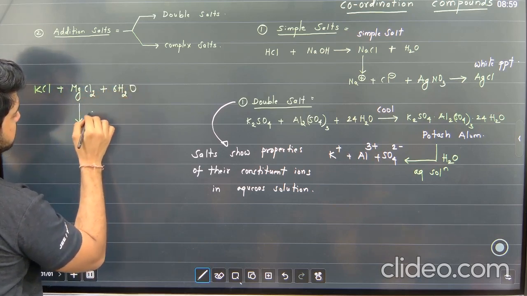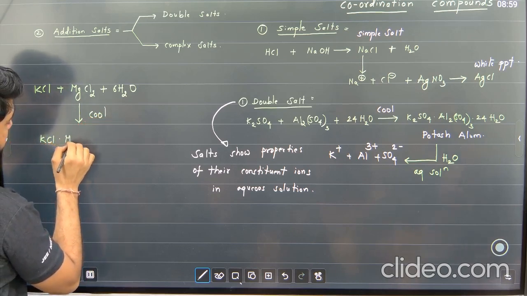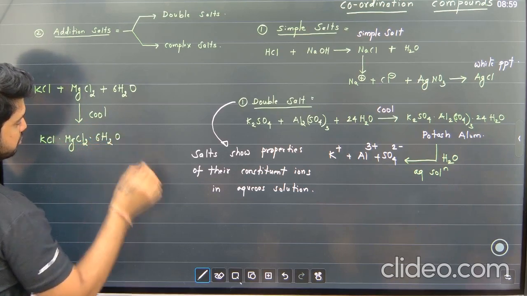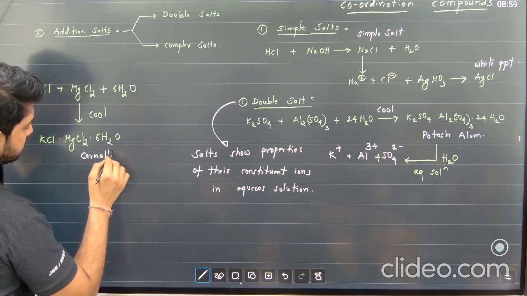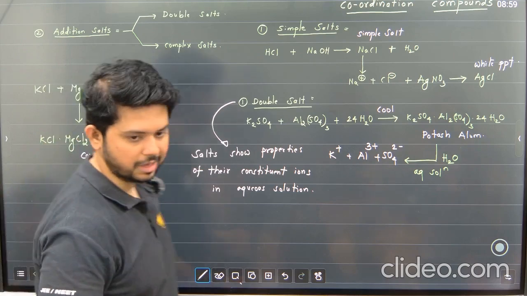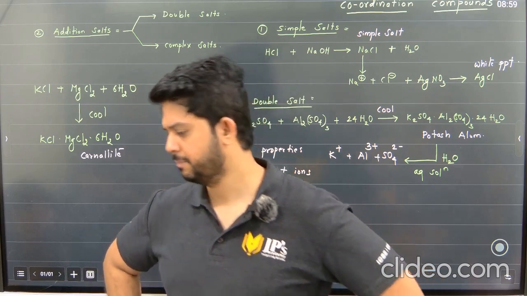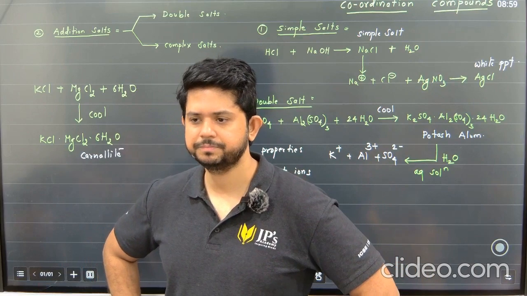Again, on cooling this, we get KCl.MgCl2.6H2O. This is called as carnallite. People have heard about this before? No. Okay. Carnallite can give me the constituent ions in its aqueous solution.